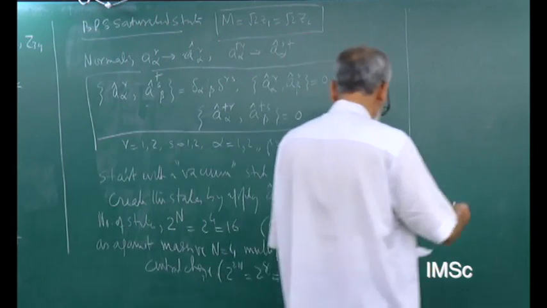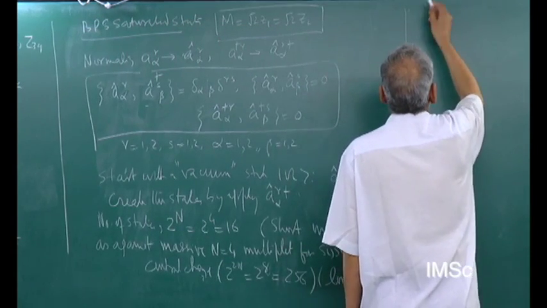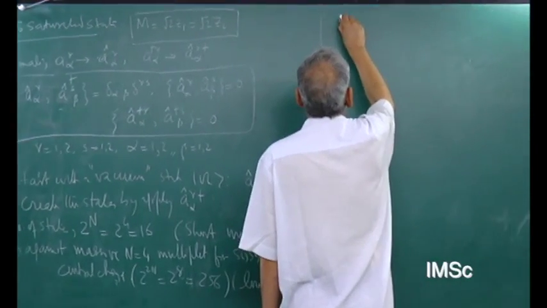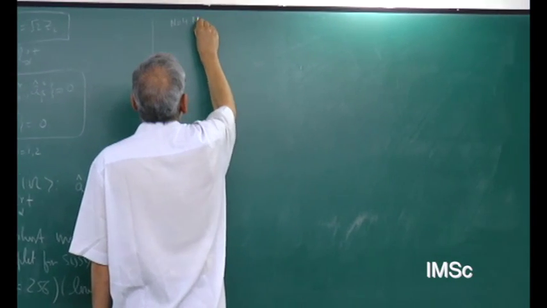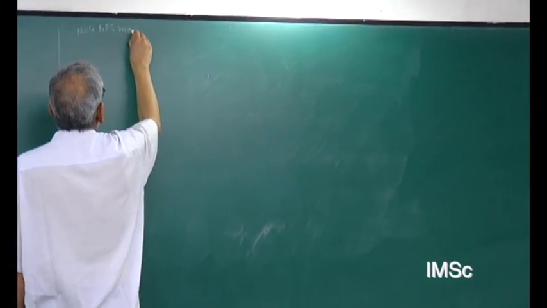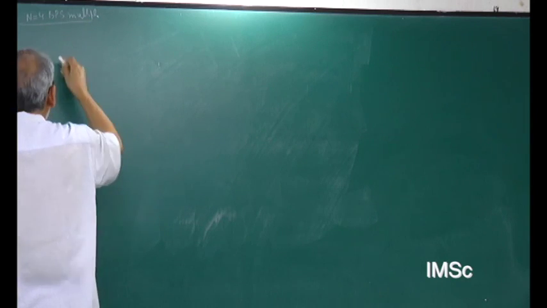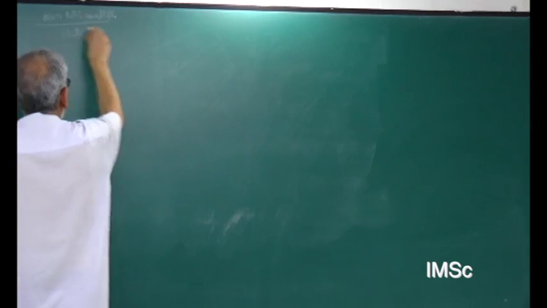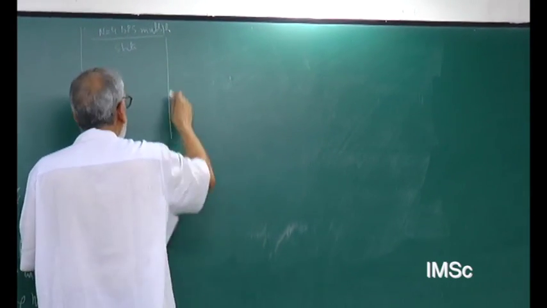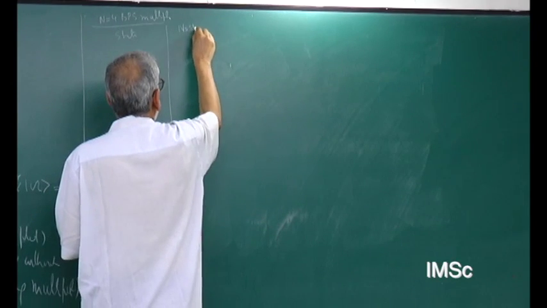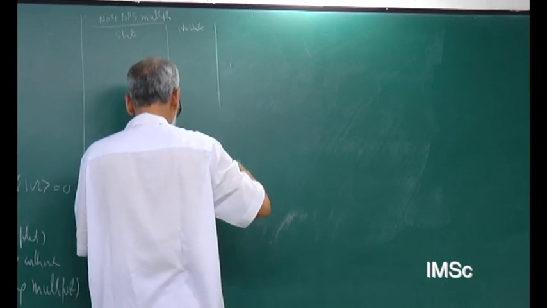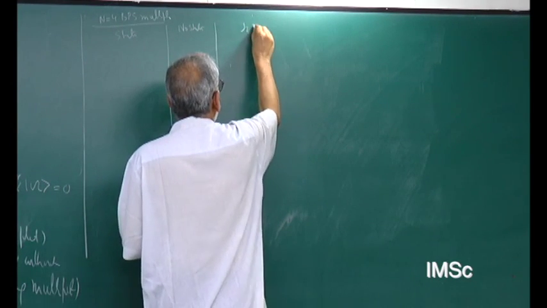So now let's tabulate this. N equal to 4 BPS multiplet. How do we start? We start with the state, number of states, and JZ spin.